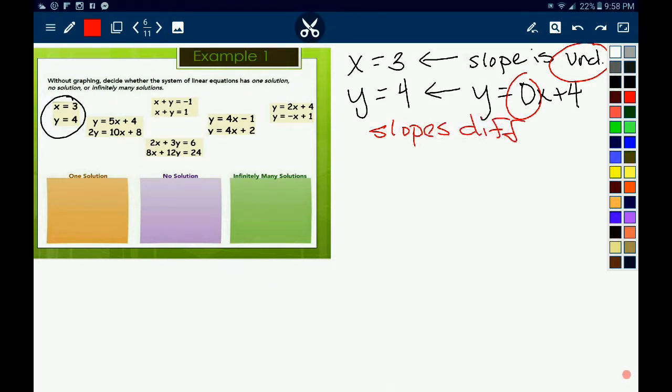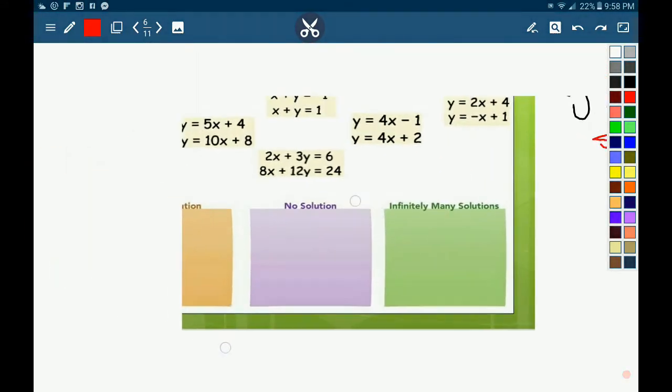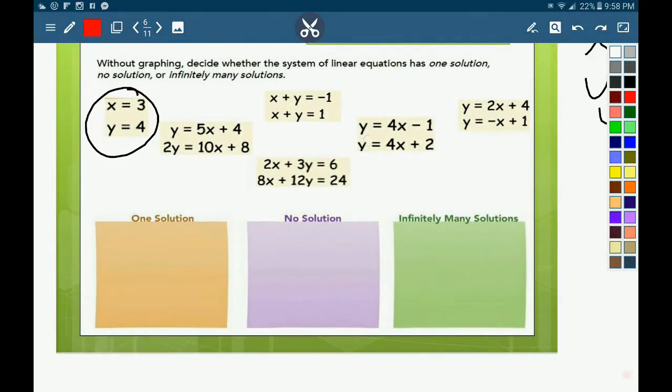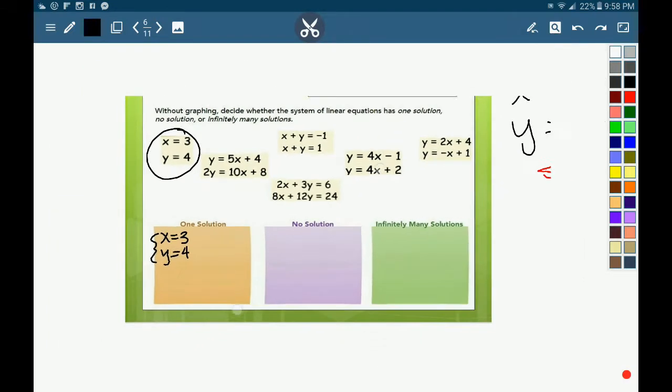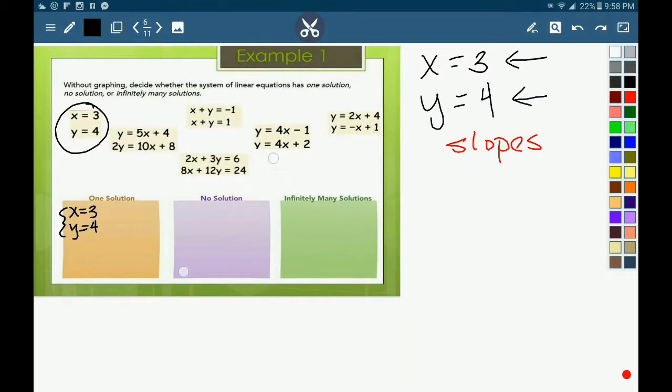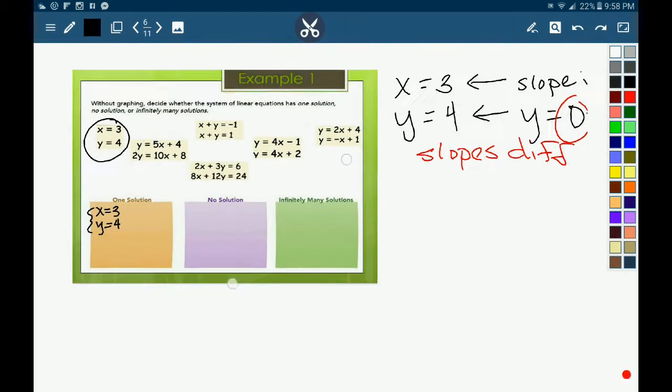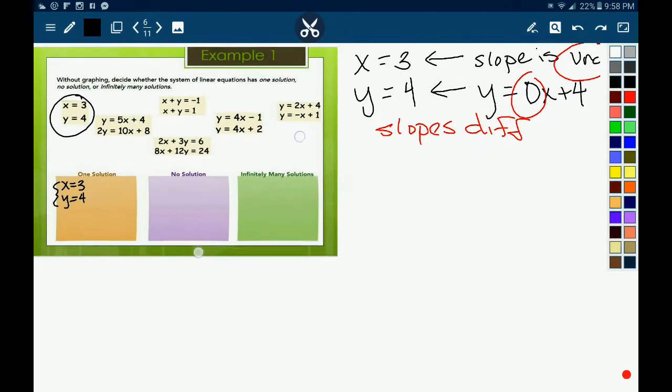Okay, because the slopes are different, that system has 1 solution. So I'm going to write that system in the 1 solution category. So we have x equals 3, y equals 4, and I'm going to put a fancy schmancy bracket around that because I'm going to probably write more systems in there, and that's just the one with 1 solution.